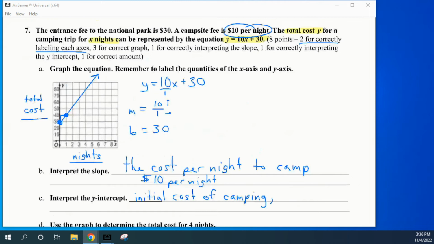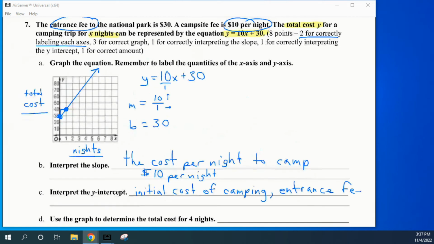The next thing it says is use the graph to determine the total cost for 4 nights. You can use the graph. You don't have to, but you can. I'm going to use the graph. I know that my nights is x, so I'm going to circle 4 and take my line vertically going up to where it will hit the blue line that I just drew.